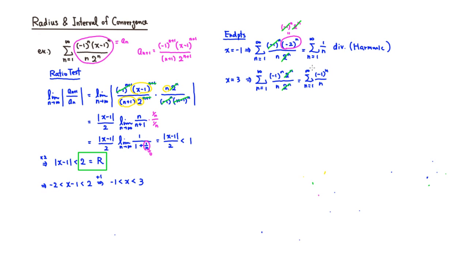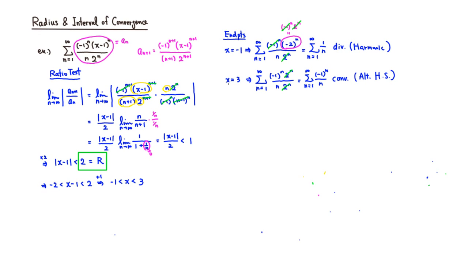But you can see that this is going to converge because this is an alternating harmonic series. So we would want to include x equals 3.